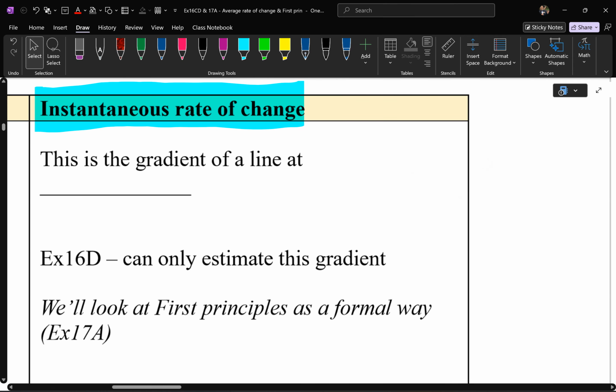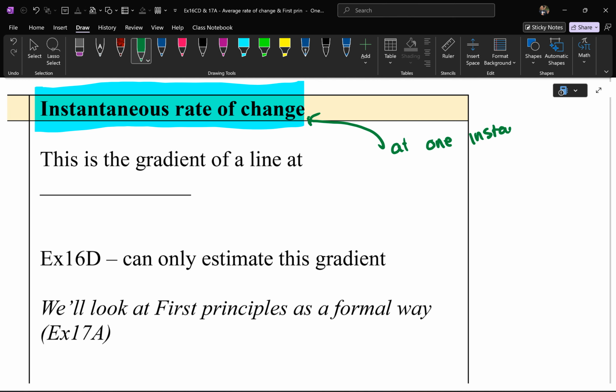Instantaneous rate of change, instead of average, which means between initial and final. Instantaneous means at one instant or at a particular point. So what does this mean? This is the gradient of a line at, fill this in, 1.